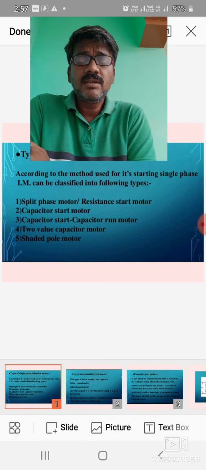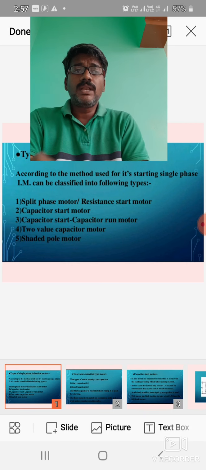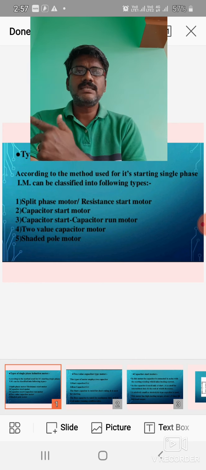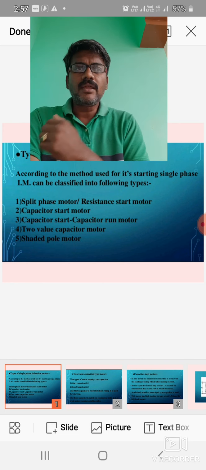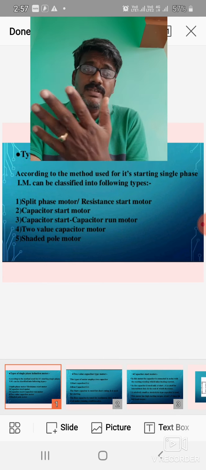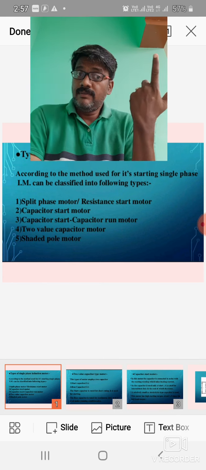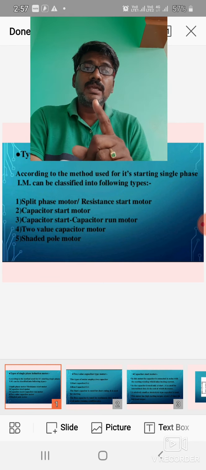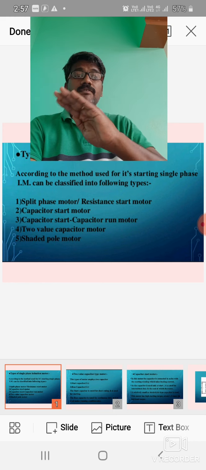The basic thing is, it requires a minimum of two windings, two supplies, or two currents, or two fluxes for getting a rotating magnetic field, right? A single phase induction motor contains only one winding. By giving a single phase supply, we get only a pulsating magnetic field.